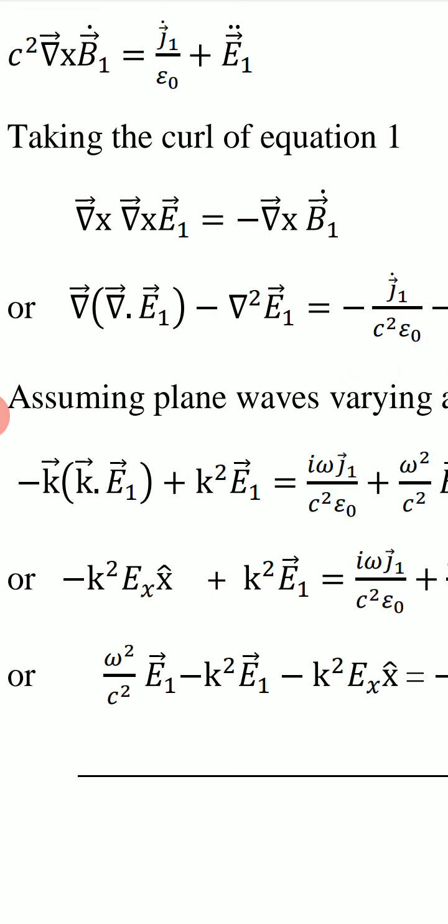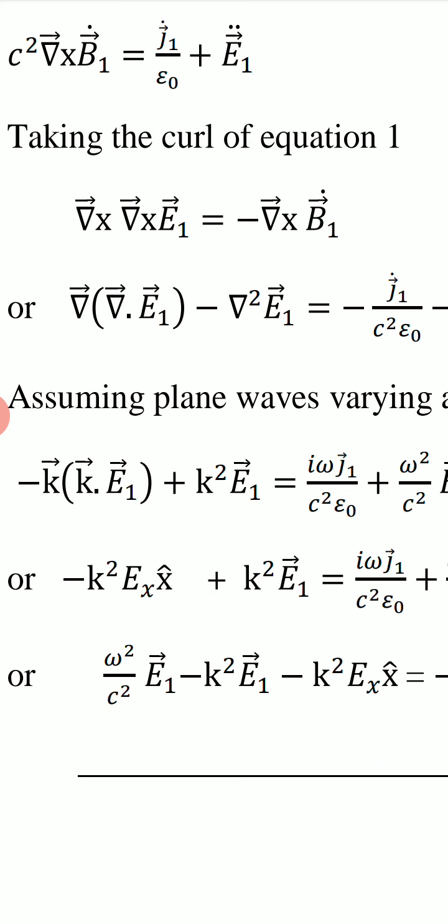So we use the formula A vector cross B vector cross C vector, which is A dot C times B minus A dot B times C. This gives A dot C, meaning del dot E1, times B, and B vector is del, which we write before del dot E1.